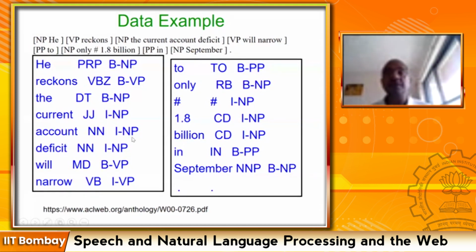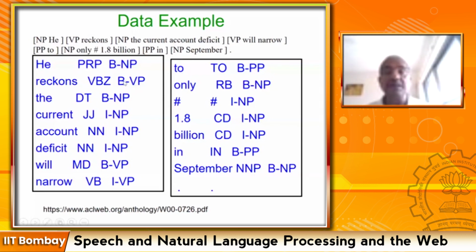We have really dealt with a complex task, part of speech tagging. Now there is an easier task. We have to group the non-recursive noun phrases, okay, short noun phrases. He is a noun phrase and it is B. B means he begins that noun phrase, short noun phrase. Then reckons is B and VP.